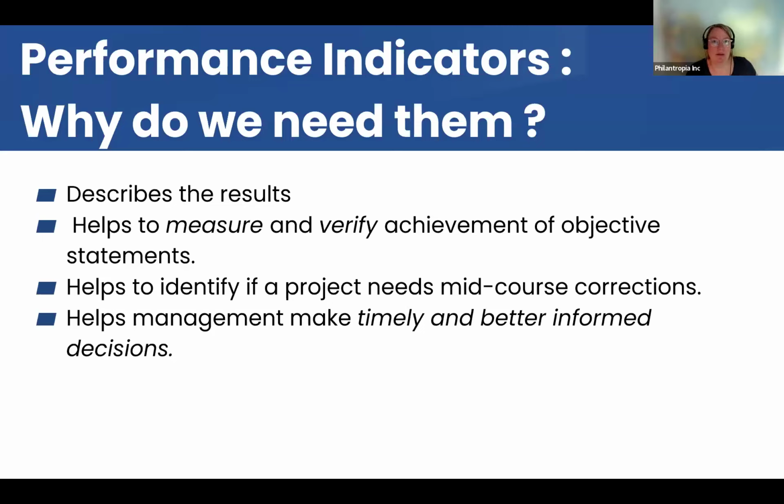And it's always better to approach a donor midway through a project and say, look, this is just not working the way we thought it would. We have reasons, or sometimes there's no reason, sometimes we don't know why, but it's not working. That is always better than to come back after the project is finished and say, well, we didn't achieve what we wanted to achieve. So it gives you a chance to make corrections.